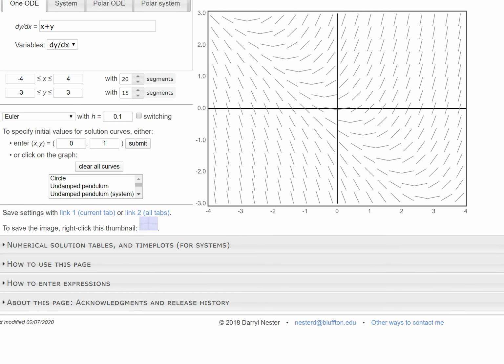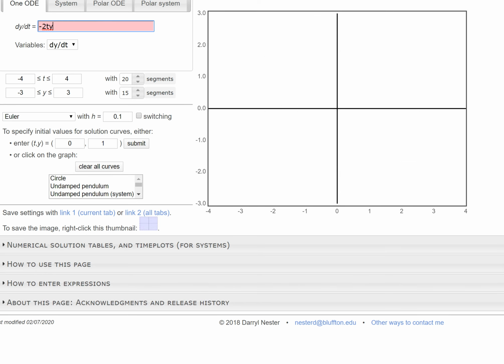And in this problem, we're looking at, again, dy/dt as negative 2ty. And notice it's giving me an error message. I think I recall now that I must put a multiplication symbol in between these terms.